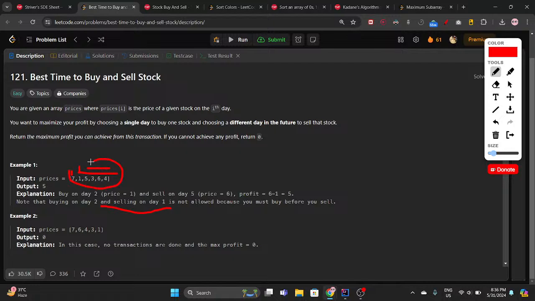Among all of these, the max would be used. Brute force done. Next is optimal. We will keep count of max, and low, high and low we will keep.